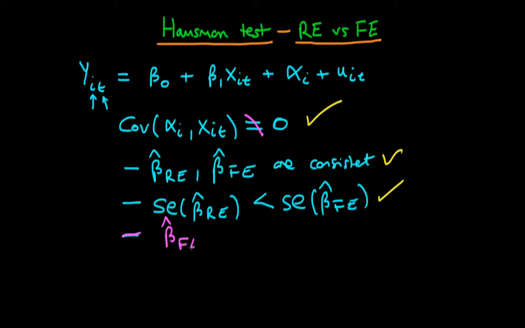If this above assumption isn't true, then fixed effects is solely consistent. And by writing solely here, I mean that random effects is no longer consistent. Okay, so on the basis of these three statements, we're able to start talking about the Hausman statistic.